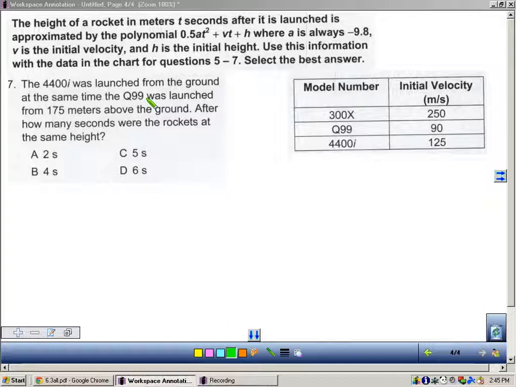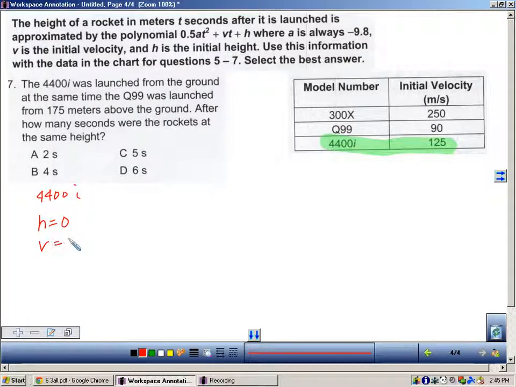Okay, so we've got this rocket here, the 4400i. I'll write some information down. It says it was launched from the ground, so we know that the initial height is 0. And we also know that based on the chart here, the 4400 has an initial velocity of 125, so v is 125.